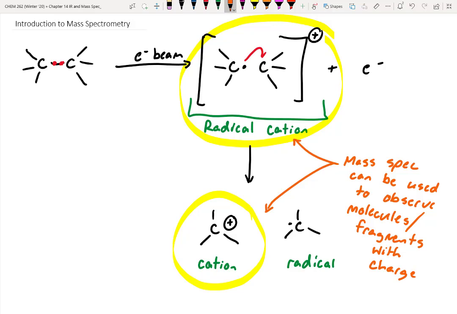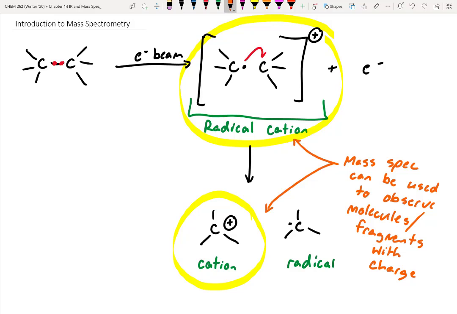So it could either be a cation or an anion. You'll notice in the Klein textbook, though, that he almost exclusively shows cations. However, you can actually switch the mode of mass specs to observe either cationic or anionic fragments, depending on the mass spec that you're using. So it's kind of neat.